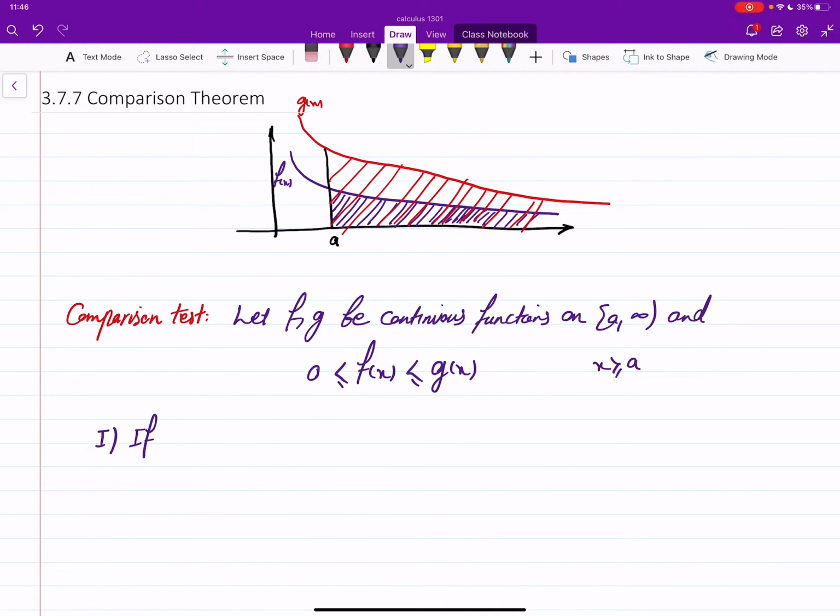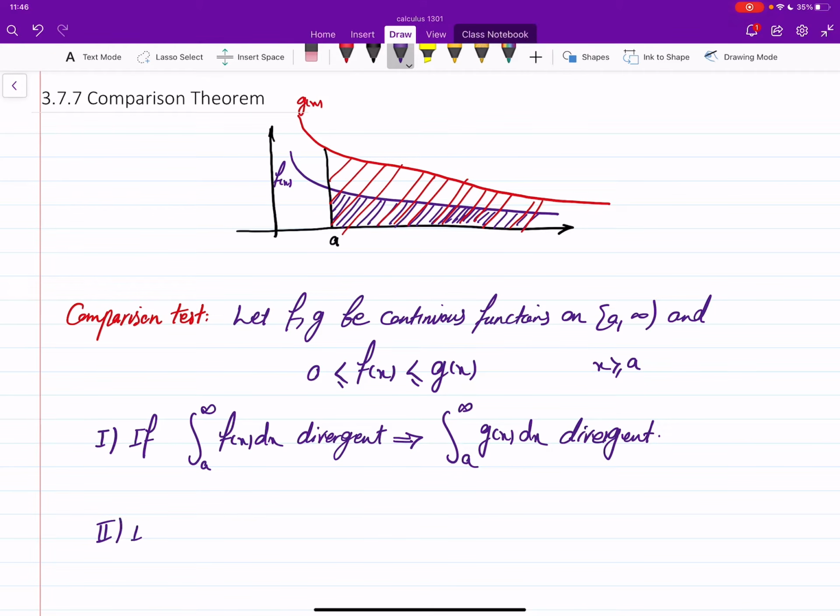If the integral of the smaller one from a to infinity is divergent, there is no way that g can have a convergent integral. So if the smaller one is divergent, it will push the integral of the bigger one to go to infinity, or to be divergent as well.